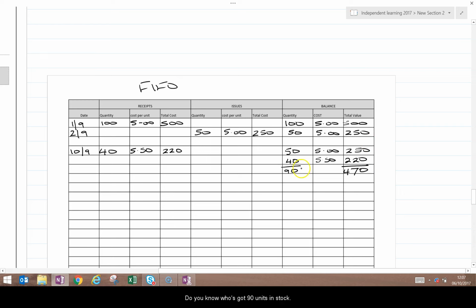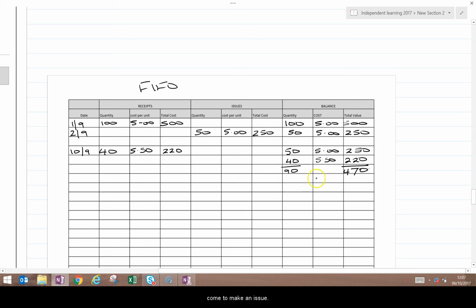So we do know we've got 90 units in stock. We know they are at a cost of 470. But what we also know by looking at this is that those 90 units are made up of 50 units that we paid £5 for and 40 units that we paid £5.50 for.